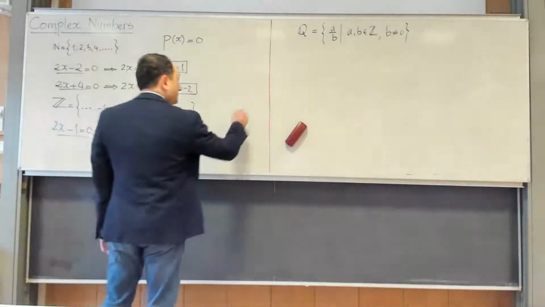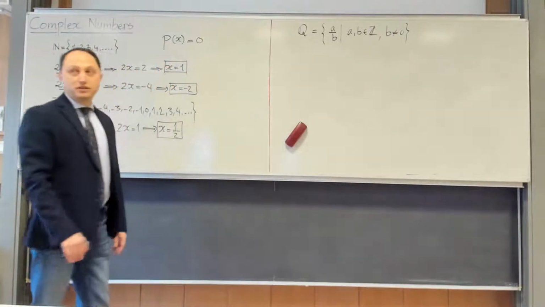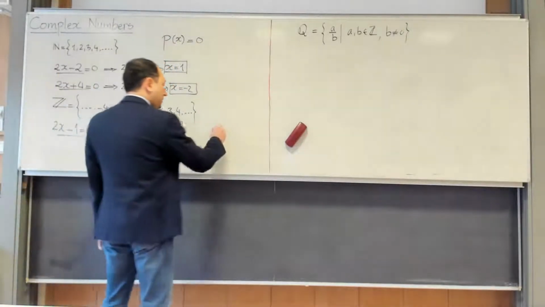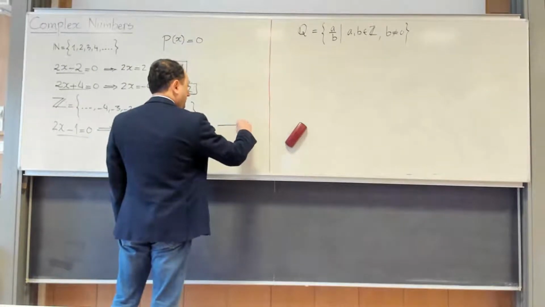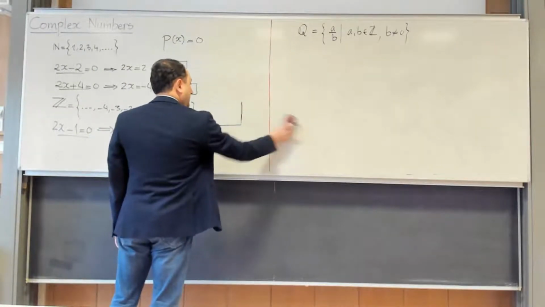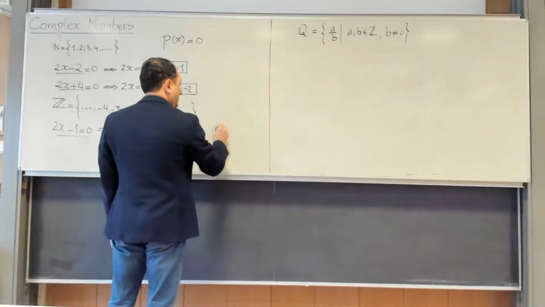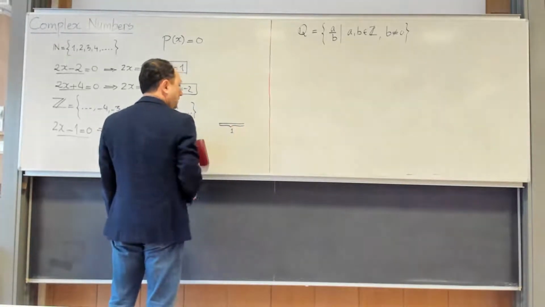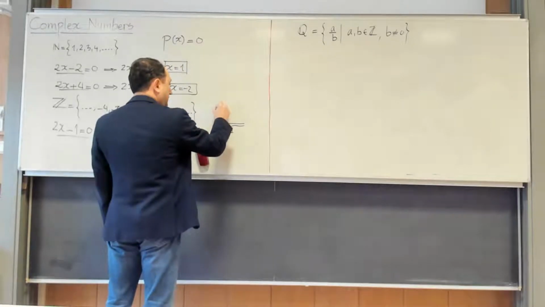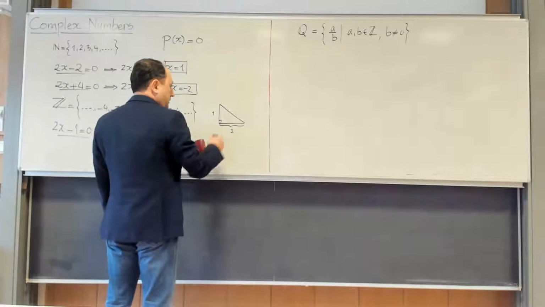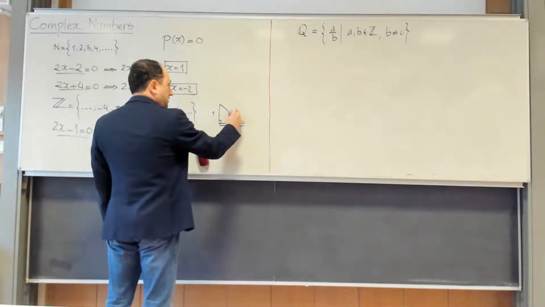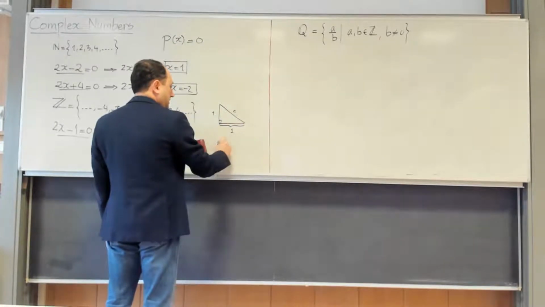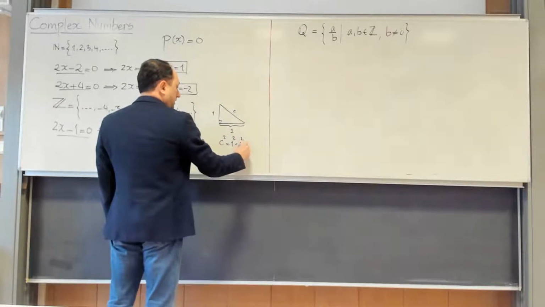So people didn't believe that there were irrational numbers before. But Pythagoras came up with this theorem, and now it is easy to imagine a right angle triangle whose one side is 1 meter, and this other side is also 1 meter. Pythagoras showed that if the hypotenuse is c, then c squared is equal to 1 squared plus 1 squared, and then it becomes 2.